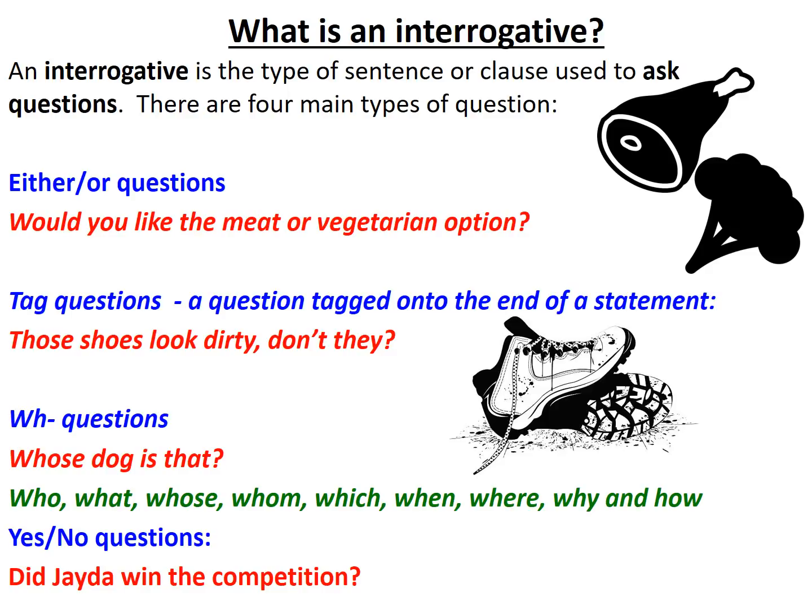Yes or no. In my mind, there's a third response, which is I don't know. But it's a very closed question. You either know she won or you don't know that she won. It was either a yes or a no or an I don't know. It's important that we know each of these four types of question though, so that we're aware of when we use them and why.